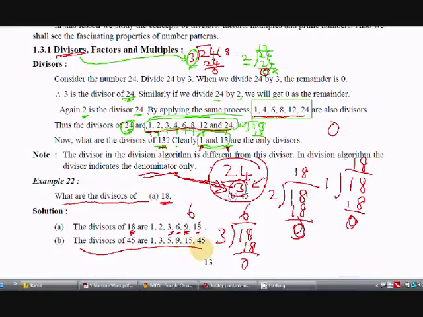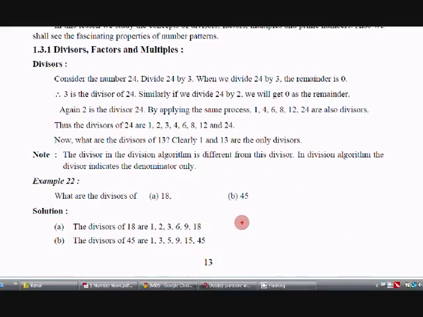Likewise, for 45, what are the divisors? You have to do the sum for 45 like this. 45 divided by 1 is 45, right? 45 times 1 is 45, remainder 0. 45 divided by 3, how much do we get? 15, very good. The remainder is 0.